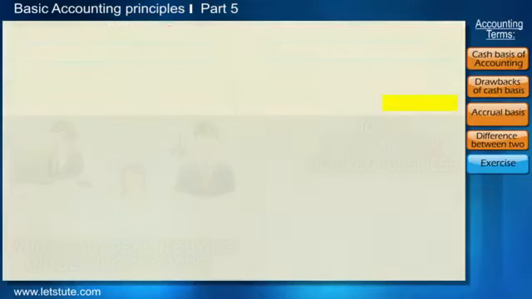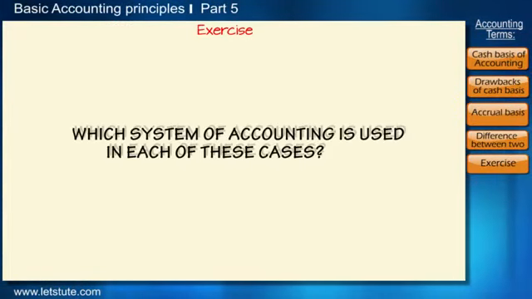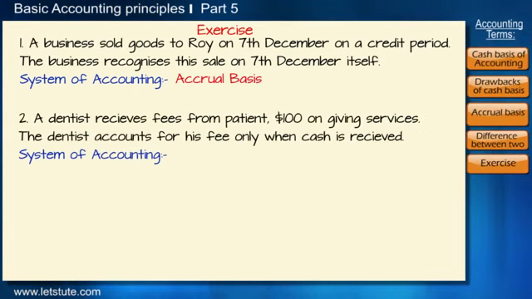Let's do a little exercise. Can you tell me which system of accounting is used in each of these cases? A business sold goods to Roy on 7th December on a credit period. The business recognizes this sale on 7th December itself. A dentist receives fees from patient $100 on giving services.